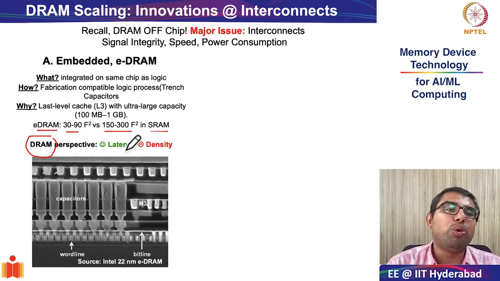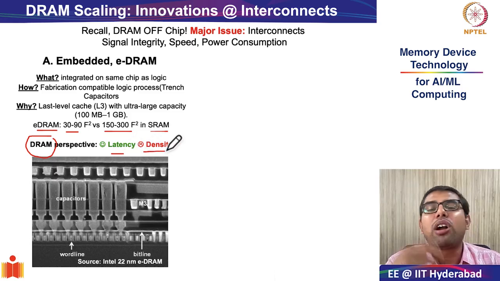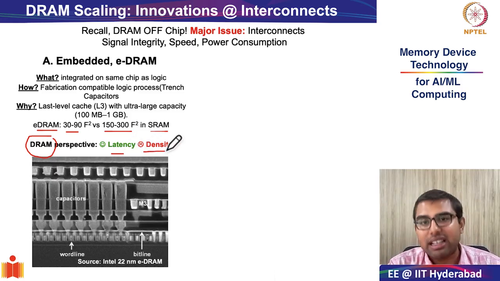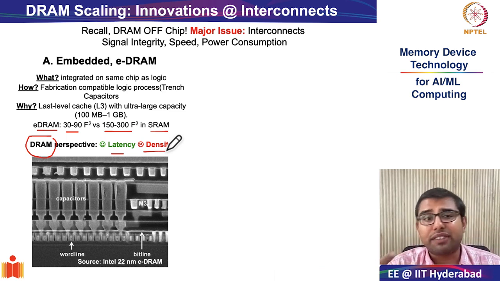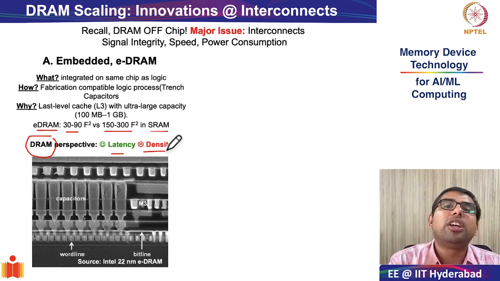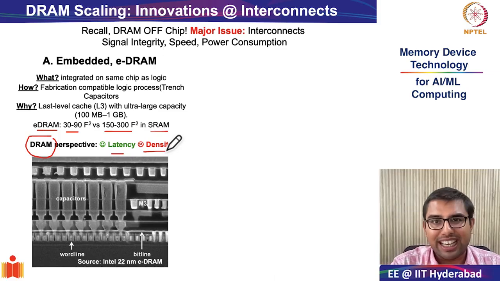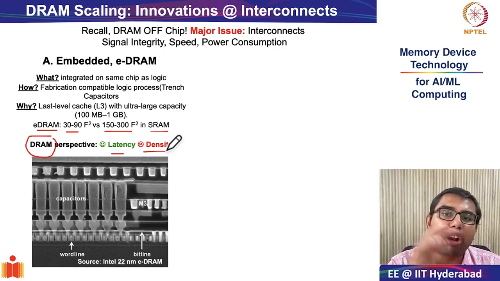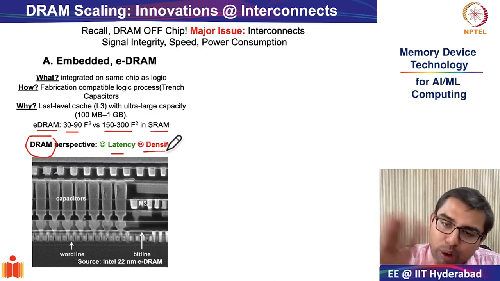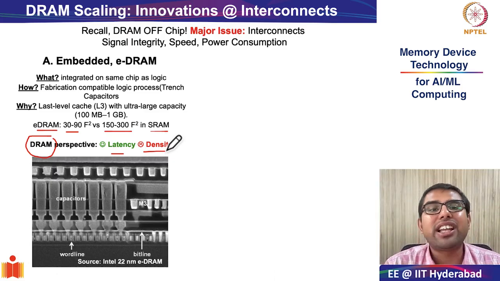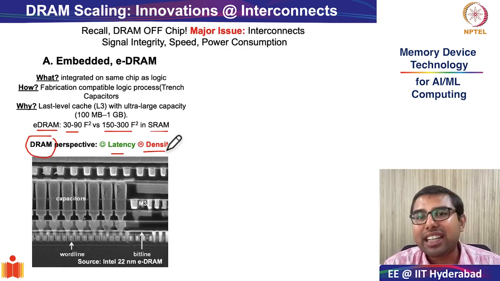So of course, you are playing the same bottleneck game of latency versus density. In your regular DRAM cell, you have 6 F squared, but because your fabrication process is not compatible with logic processes, you have to have a separate chip. And if you have a separate chip, latency will suffer, but density will improve.